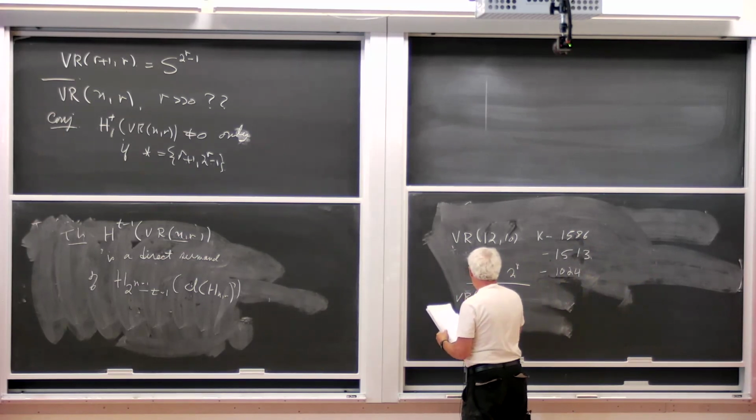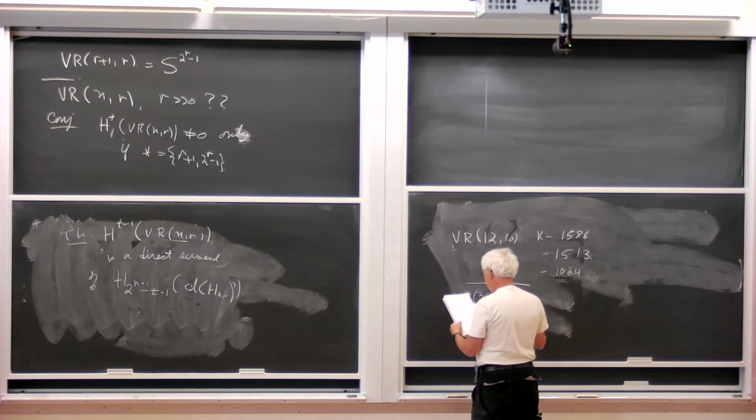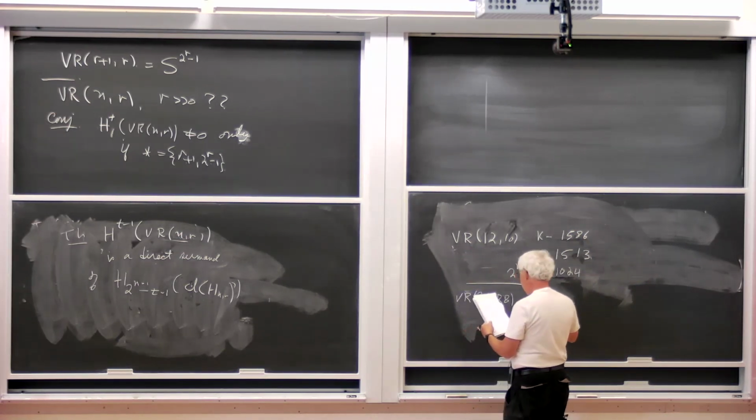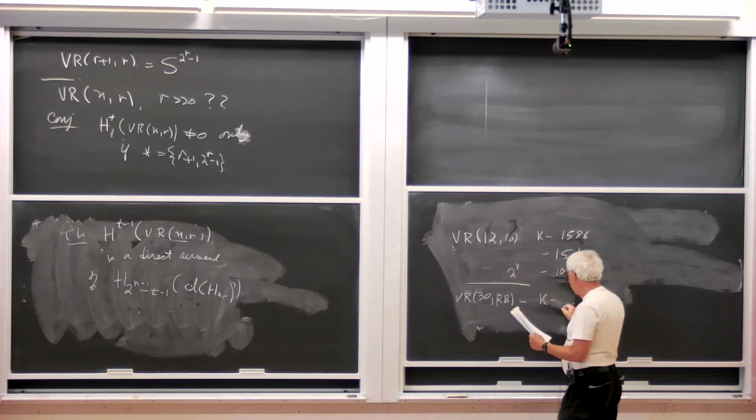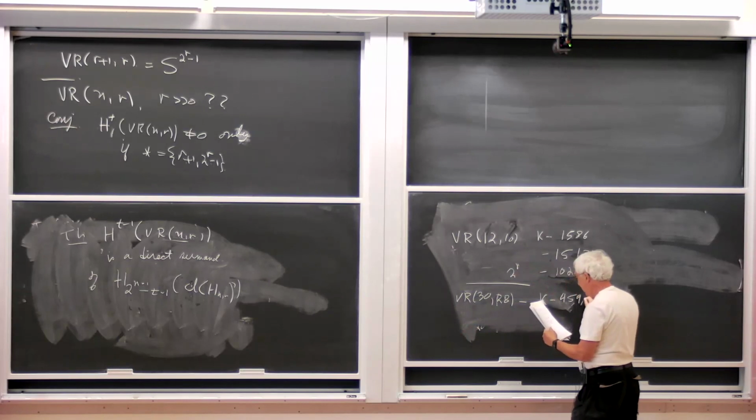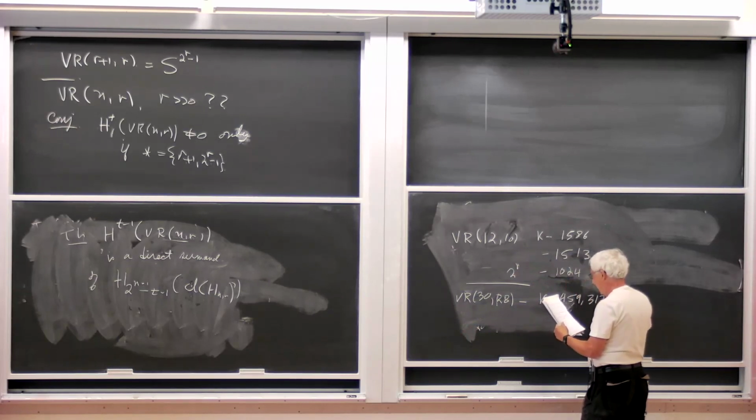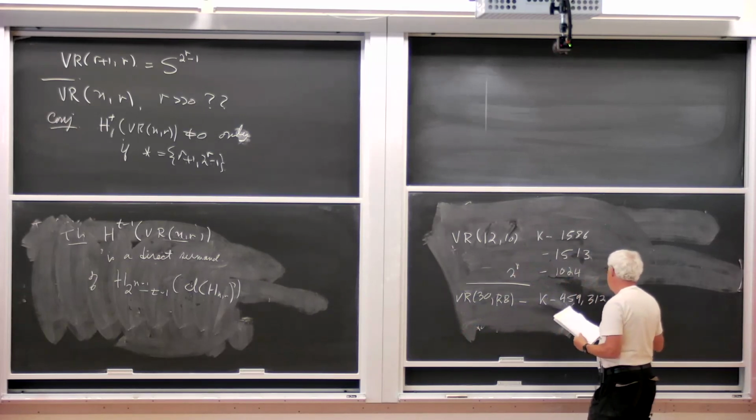But I like this example. VR 30, 28. Kleineman gives, bear with me, 459 million co-connectivity, 312, 152.